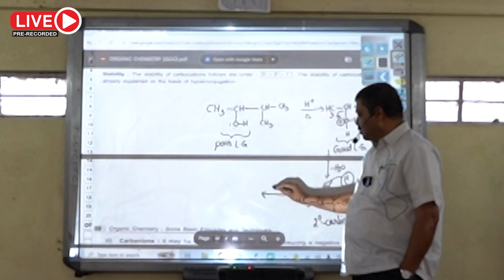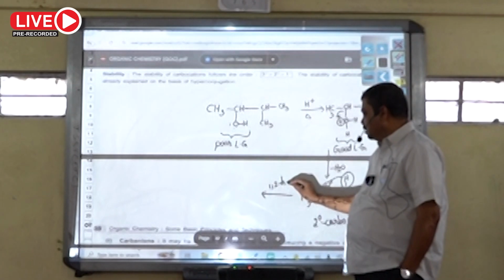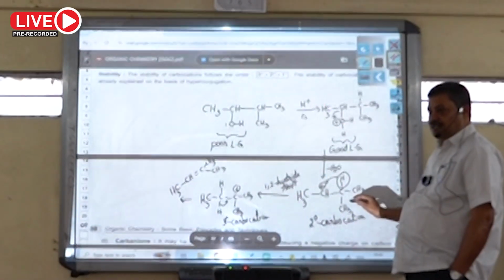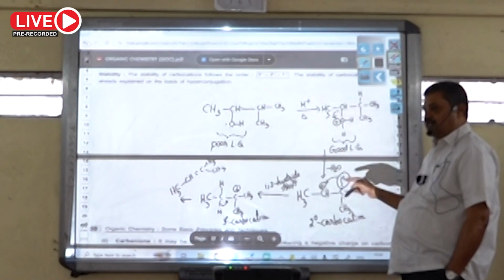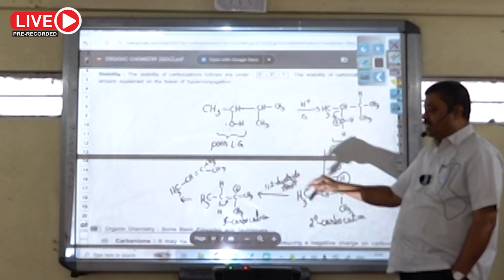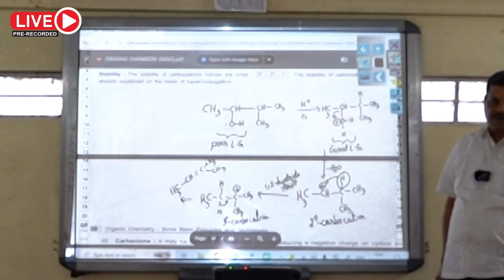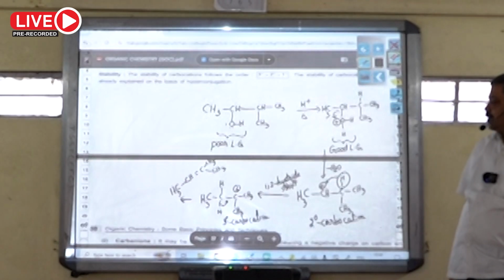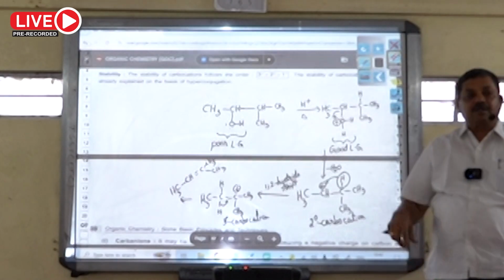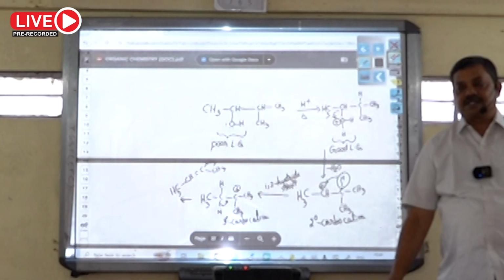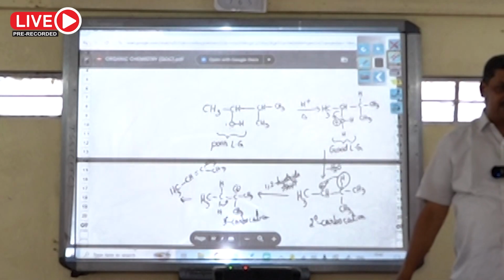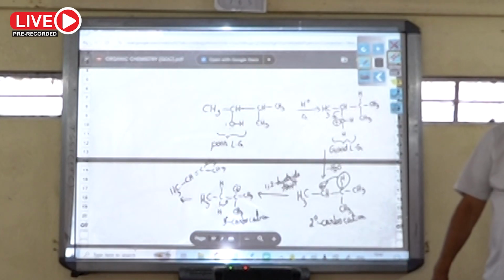So here I am writing arrow 1,2 to more carbons. By 1,2 methyl shift you are going to get a secondary carbocation. By 1,2 hydride shift you are going to get a tertiary carbocation. So this is all about some of the important concepts related to carbocations. They are sp2 hybridized, trigonal planar with 120 degree bond angle.